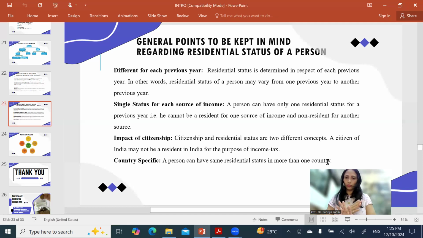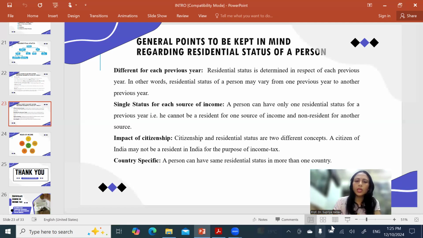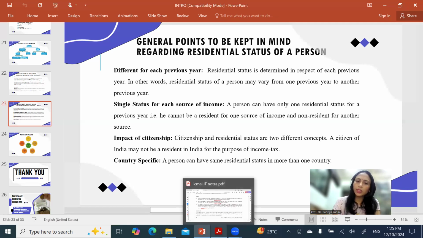Whatever residential status he may have in many countries, we have nothing to do with that. What we have to calculate is whether he stayed in India in the previous year, how many days, and then whether he is a resident of India or a non-resident of India. That's all. This is how the residential status should be decided.